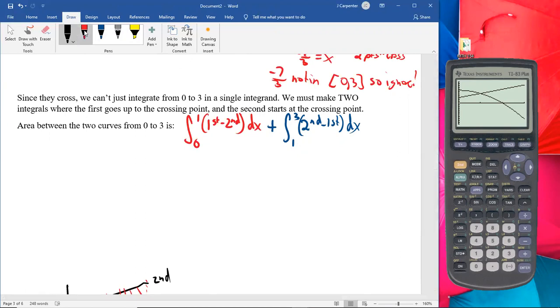So now let's actually go and do our math. So equals the integral from 0 to 1, the first minus the second, that was 12 minus 3x squared. Then minus, and you'll need parentheses for the second function, and the second function was 4x plus 5.